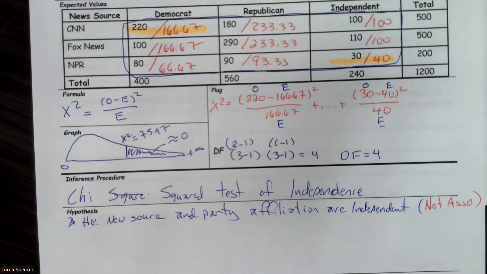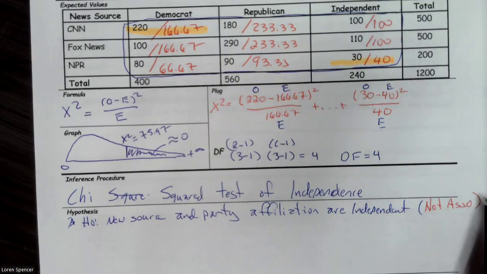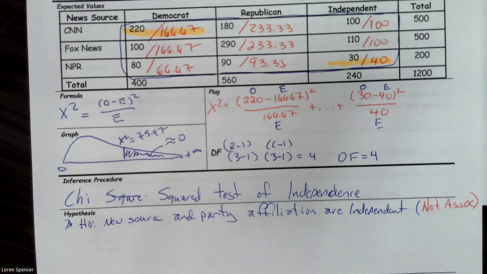Not associated. And I don't have room to write it, so I'm just going to write A, I'll put a C on the end. Not associated. All right.